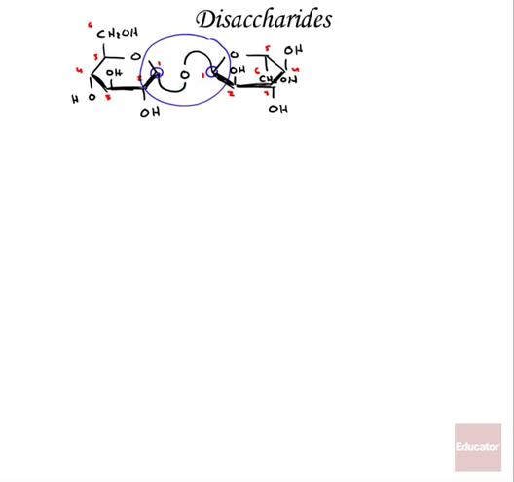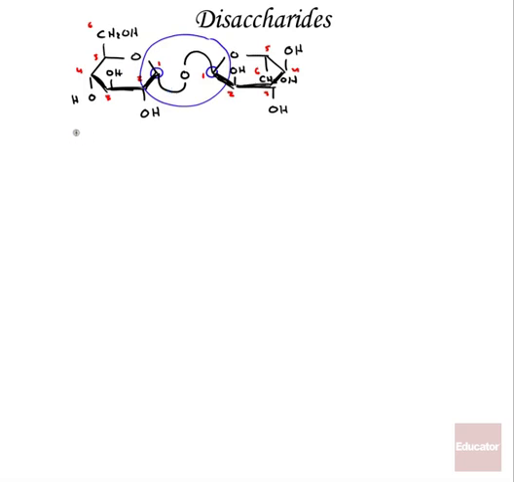Okay? When this is an alpha, the hydroxy is below the ring. This is also an alpha. In conventional position, the hydroxy is below the ring, but because I flipped it, I now have the hydroxy above the ring at that carbon. That's why I draw it this way.